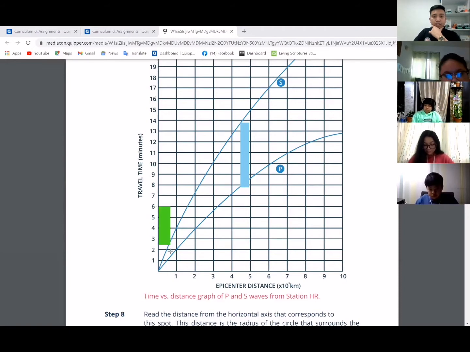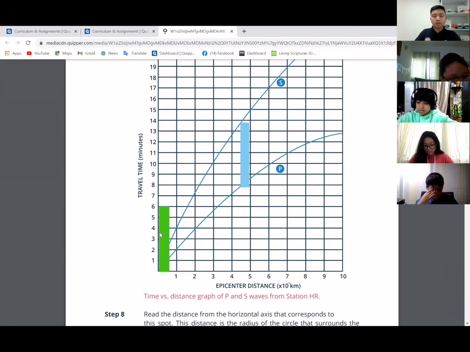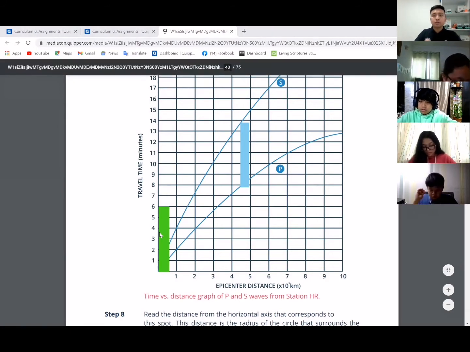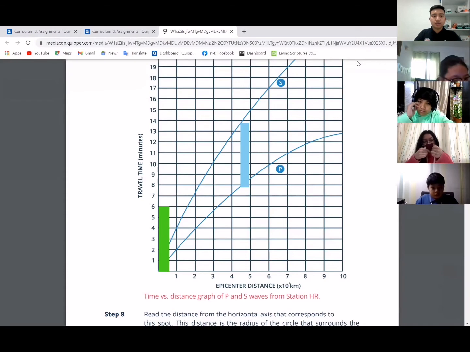Okay, nandito yung time. Makikita niyo dito. And then, oo nga, no? Sorry naman. Duplicate ko siya. Hindi ko na, ayan. Sige. And so, ito yung time natin.